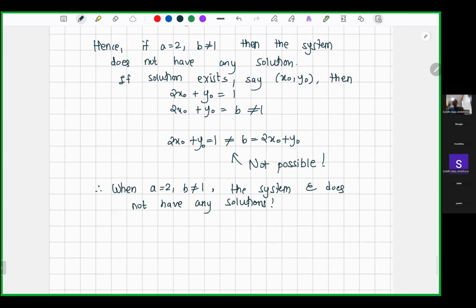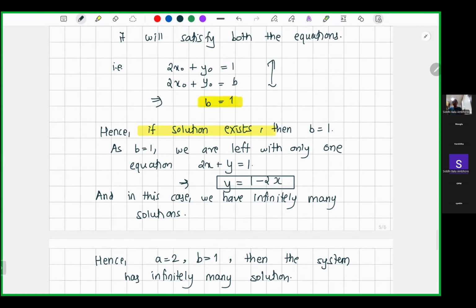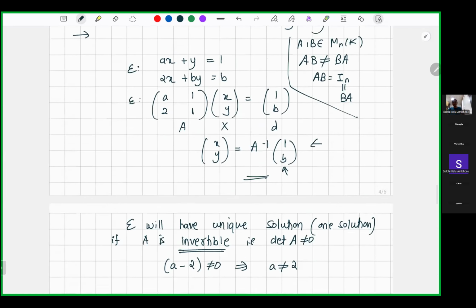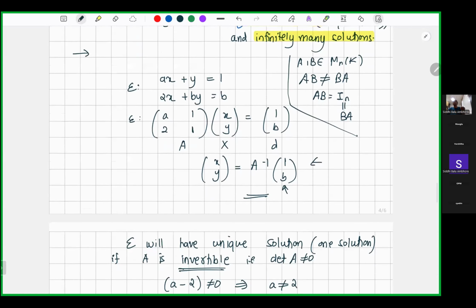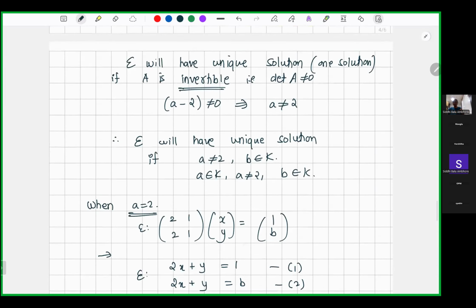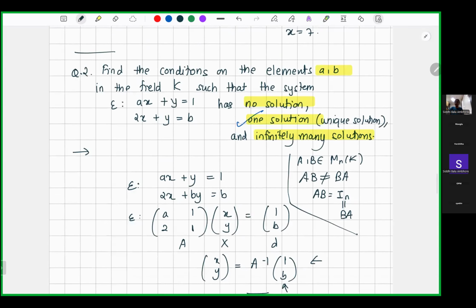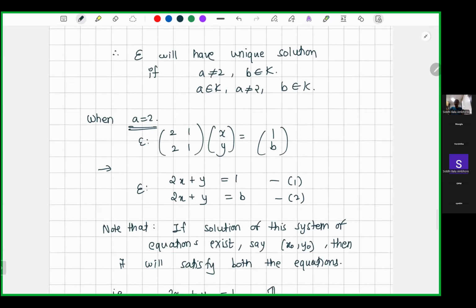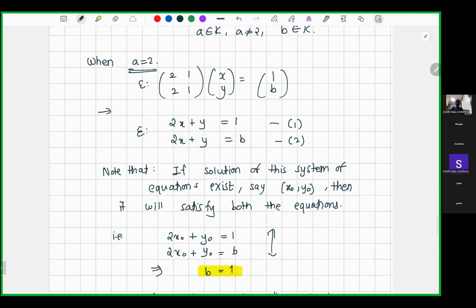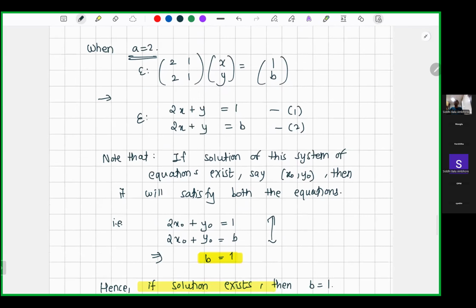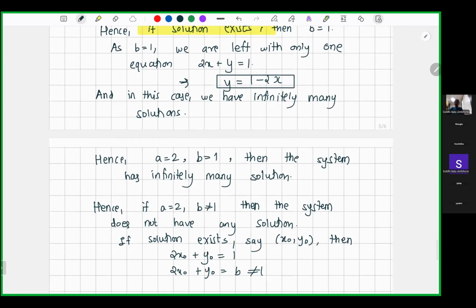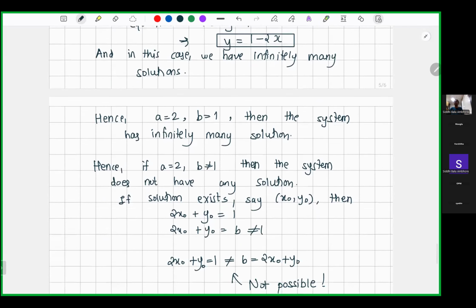Note that it also covers all the possibilities of A and B: A is equal to 2 and A not equal to 2. When A was not equal to 2, I got a unique solution. When A was equal to 2, B had two possibilities: B was either 1 or not 1. The moment B was 1, the system had infinitely many solutions, and when B was not equal to 1, the system did not have any solution.